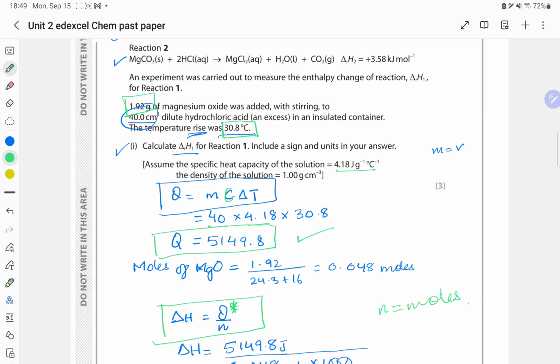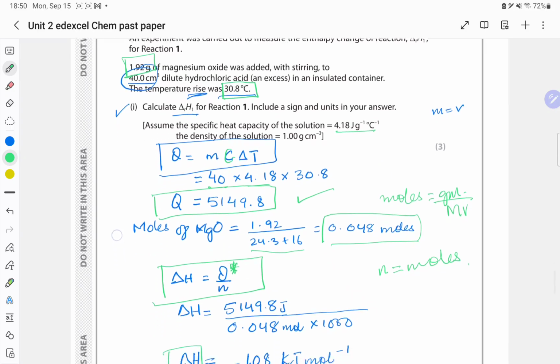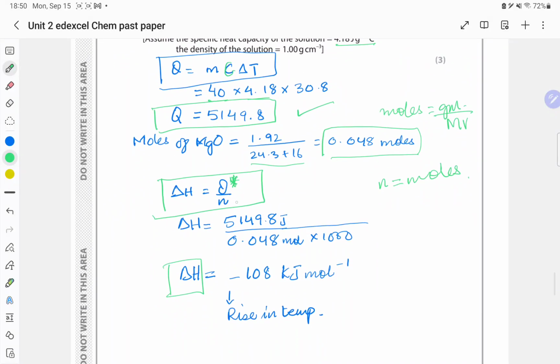We use the formula moles = weight in grams divided by Mr. So we place the value of Mr over here: magnesium 24 and then 16 for oxygen, and then we get the moles of magnesium oxide. Placing it over here, we have found the number of moles. Q we have already calculated. Now you place it in the formula, and you get the value 108 kilojoules per mole.